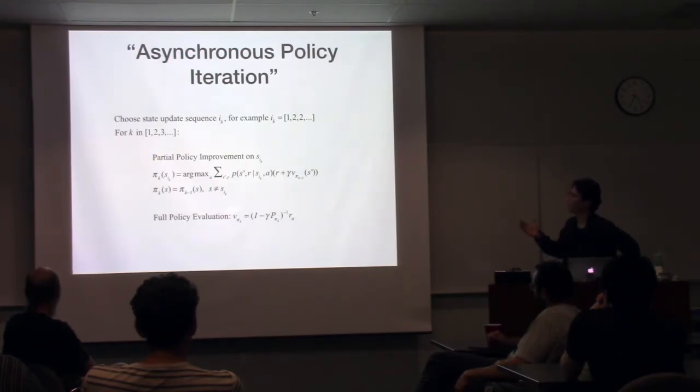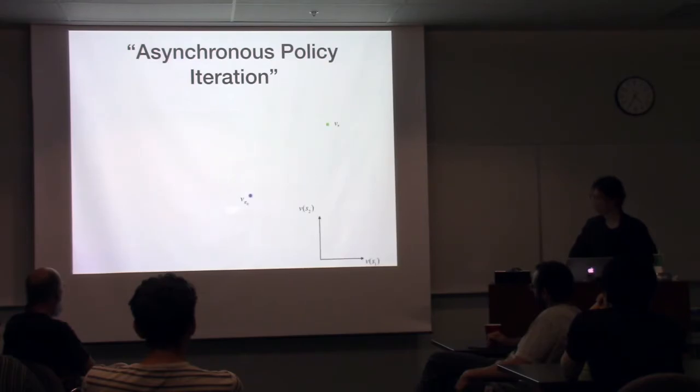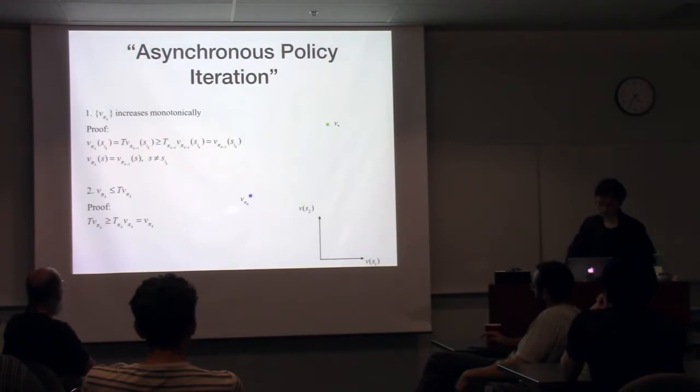This is similar to MPI, except that in MPI you do full policy improvement and partial policy evaluation, and now you just reverse these two things. And the asynchronous policy iteration is also guaranteed to converge without the assumption that TV0 should be greater or equal to V0.